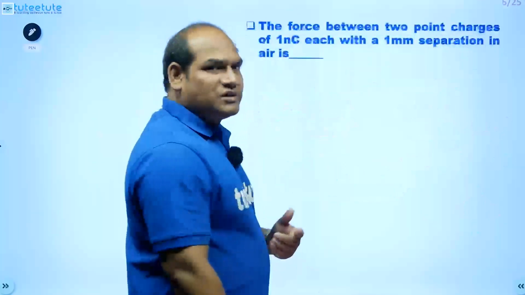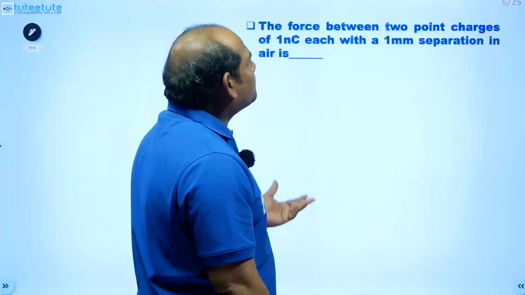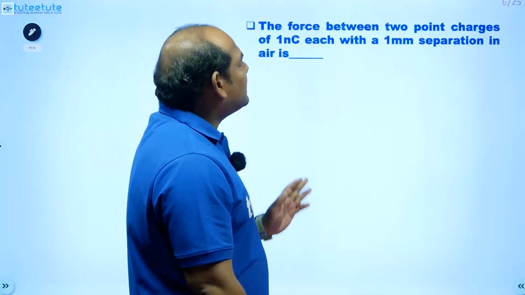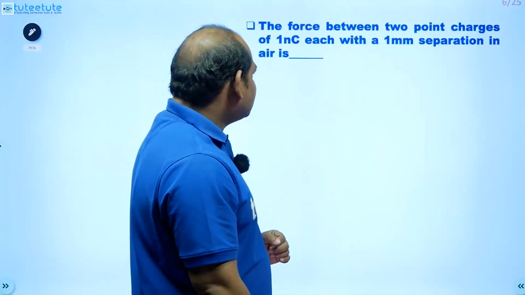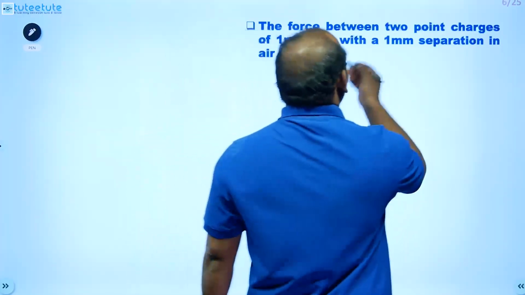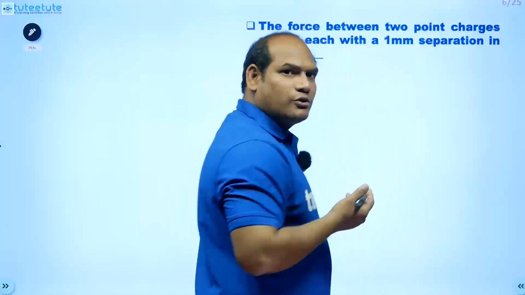Now the next question. The force between two point charges of 1 nanocoulomb each, with a 1 mm separation in air, is what we have to calculate. So it is related to Coulomb's law.